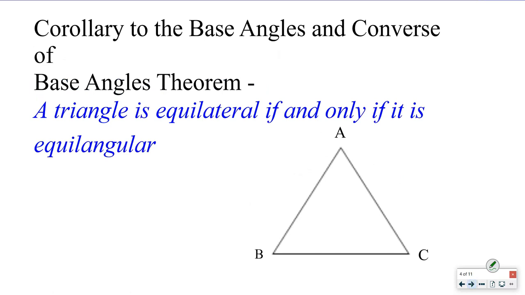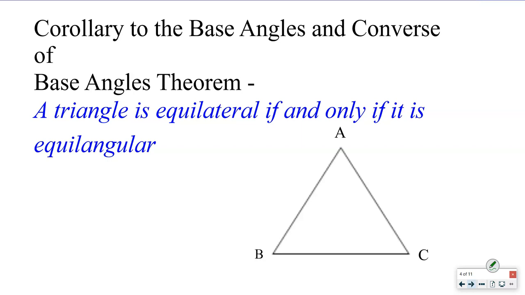So because we have both the conditional and the converse as true, we can make a biconditional statement. Remember those if and only if statements we made? We can make those if both conditional and converse were true. Now what we've added here is a corollary.